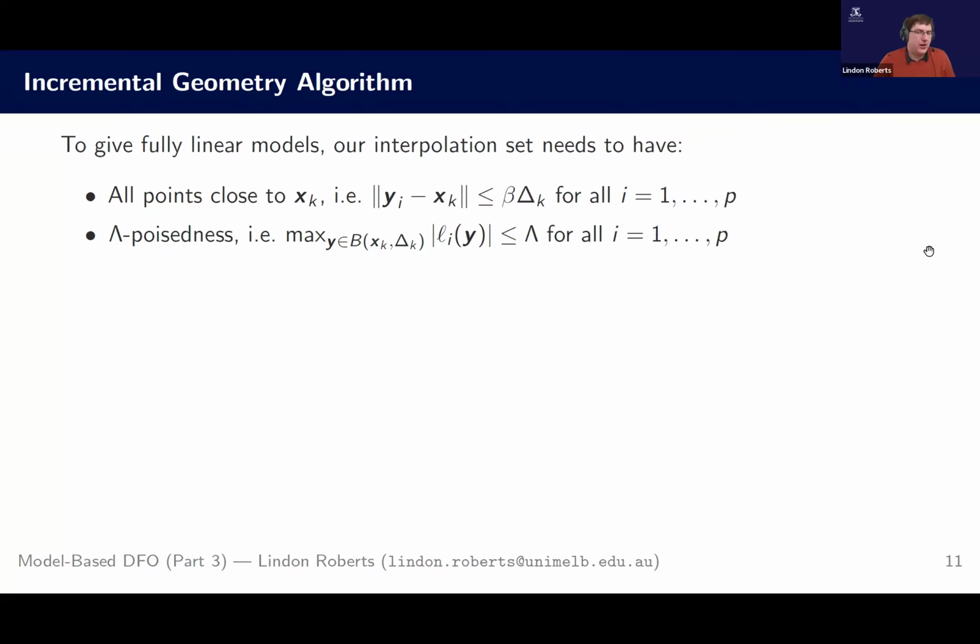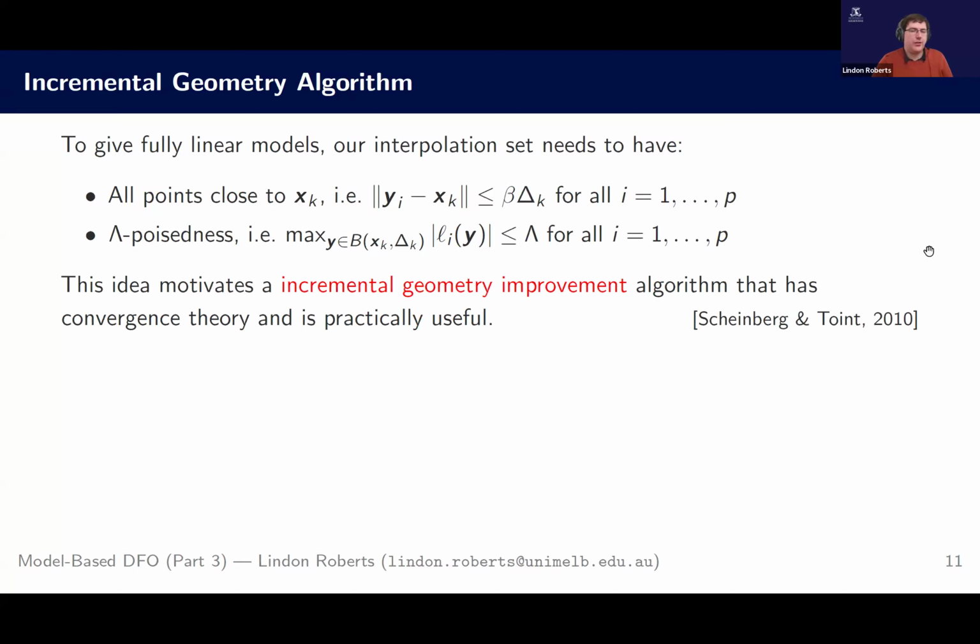So what we want to do is make sure our algorithm guarantees that this occurs at least sufficiently often. And what we're going to do is use this idea of how we can improve the lambda poisedness incrementally to get what I'm going to call the incremental geometry improvement algorithm. It's from 2010. This does have theory and is also the basis of practical algorithms.